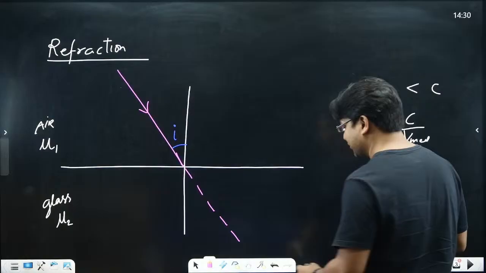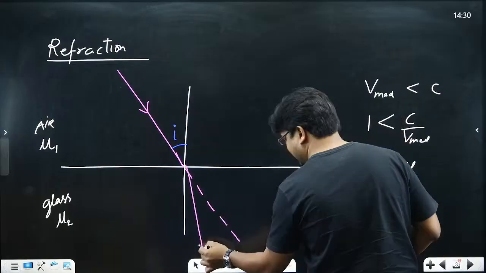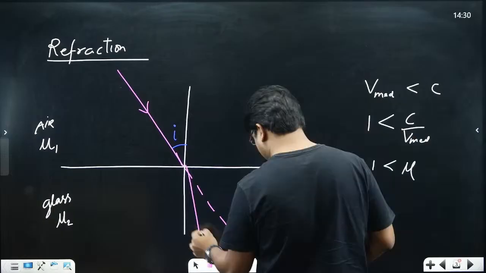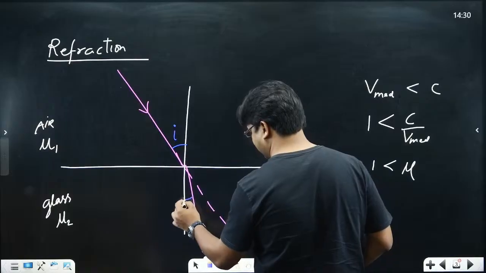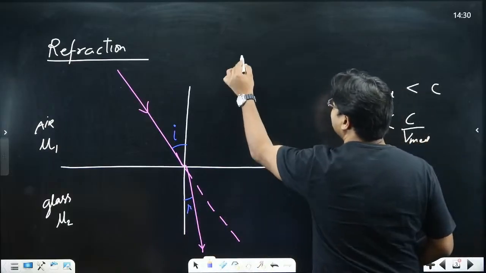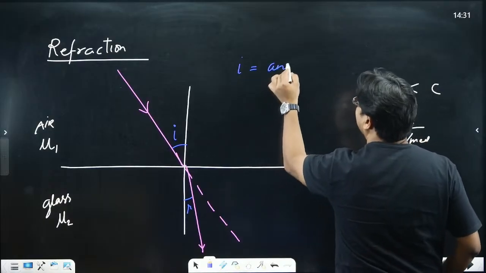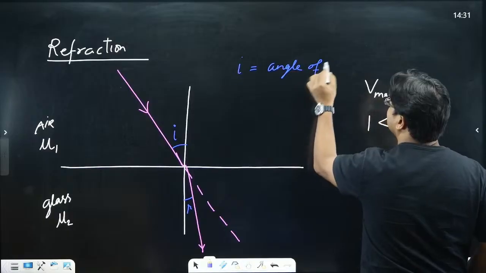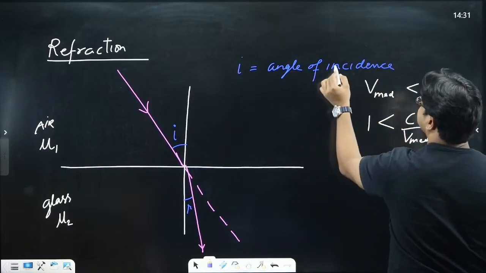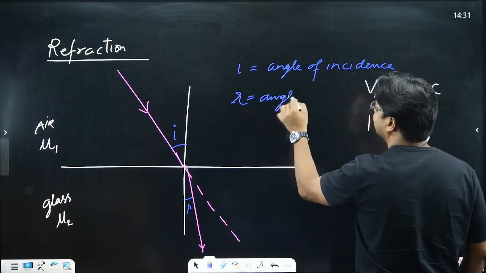But what we will witness is that in this particular example, the ray went somewhat like this, and this angle will be called the angle of refraction. We denote it by small r. This is the angle of incidence, i, and r is the angle of refraction.